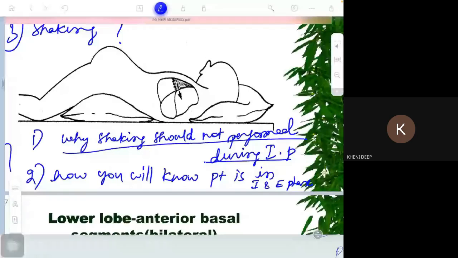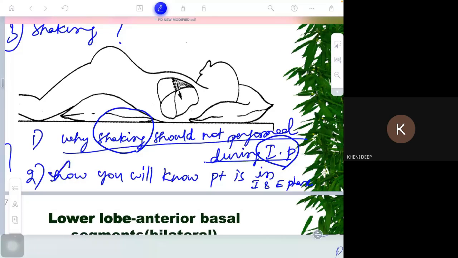Because what is the purpose of shaking? The purpose of shaking is to mobilize the secretion. So the secretions will move to the periphery instead of central. That is why you should not give it during the inspiratory phase. Second question.